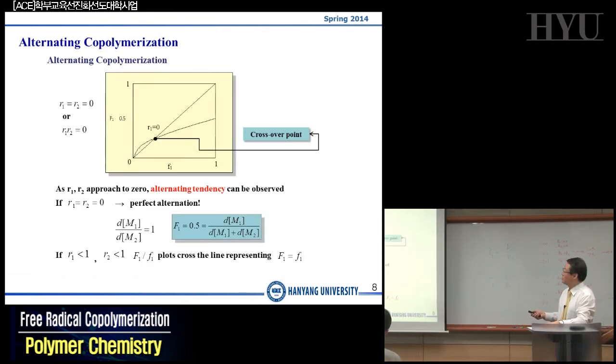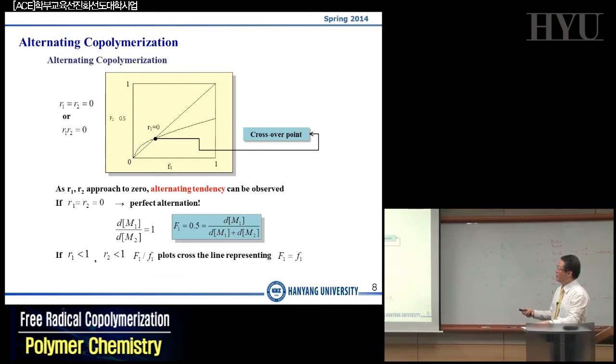So in the case where, I think we need to think about the final composition of M1 and M2 in large F1 and large F2. And these points, when we have a small f1 equal to large F1, is called the azeotropic line. And the azeotropic line is only formed when you have perfect alternating cases.